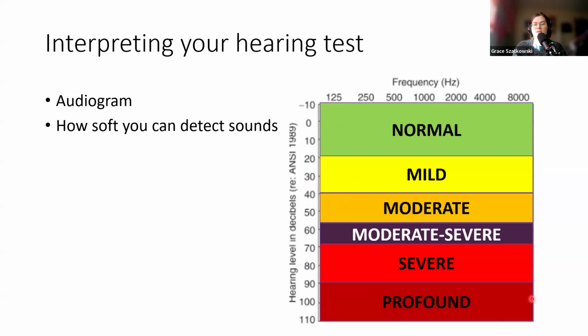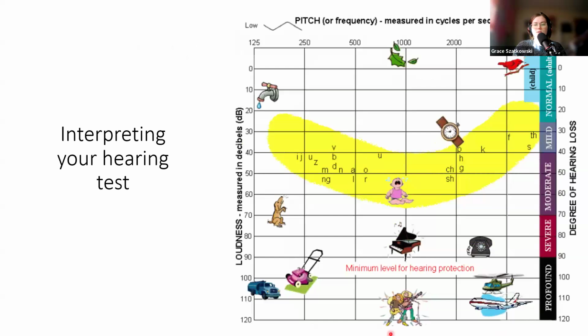So next we're going to look at the important speech sounds in this range. This is what we call a speech banana. And as you can see, even though I know it's quite busy, we are still looking at that same type of graph. So we're looking at low pitches all the way to high pitches, soft sounds all the way down to loud sounds.